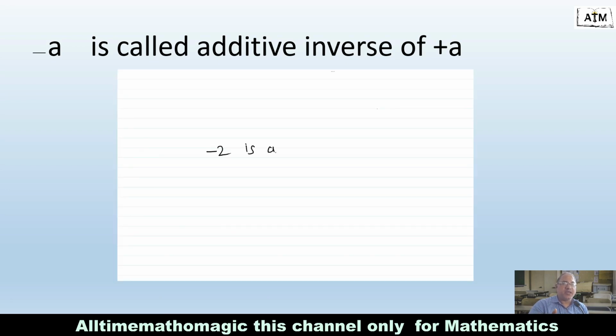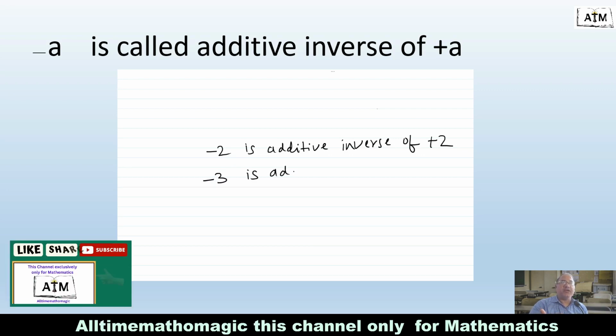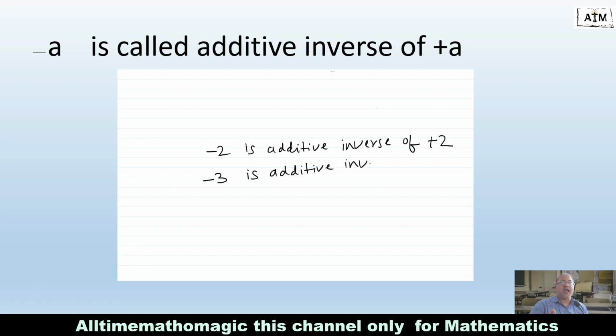I repeat once again, minus a is called the additive inverse of plus a. Example, minus 2 is the additive inverse of plus 2. Example, minus 3 is the additive inverse of plus 3. Similarly, minus a is the additive inverse of plus a.